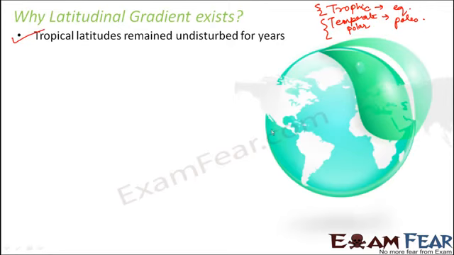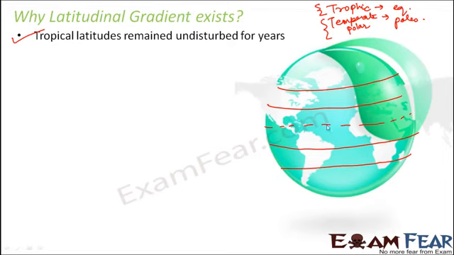That means the latitudes which are present near the equator, maybe somewhere here. So if this is the equator, and if these are the tropical latitudes, because these latitudes are comparatively nearer to the equator, these latitudes remain undisturbed for years. Now what do we mean by undisturbed?